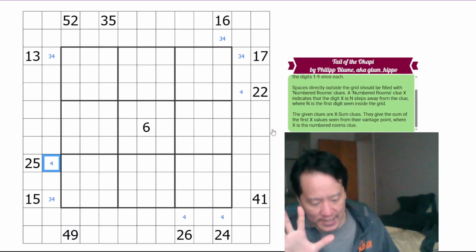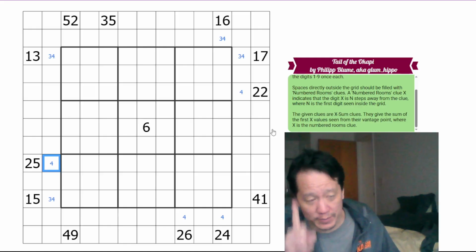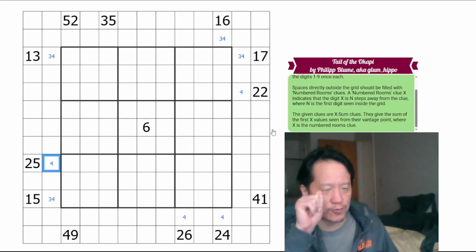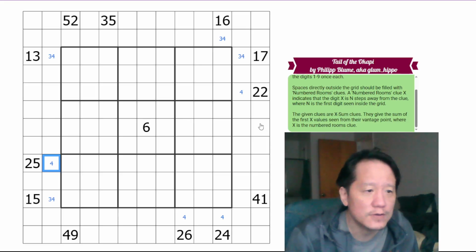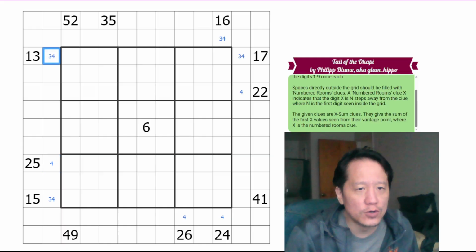For 5, the minimum you have to have is 15. Right? 1, 2, 3, 4, and 5. So this cannot be 5.